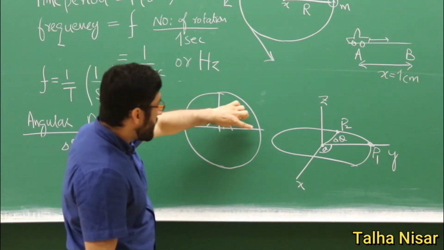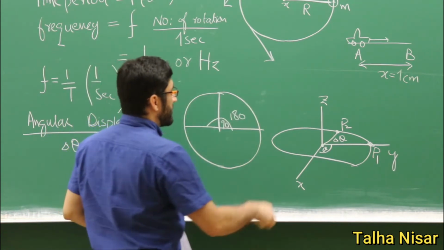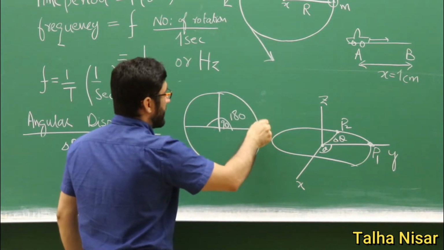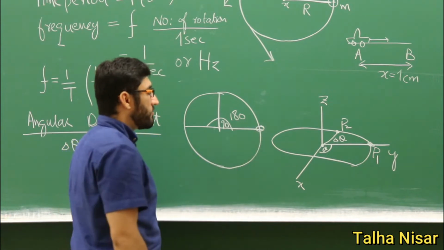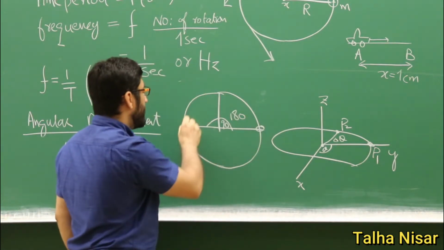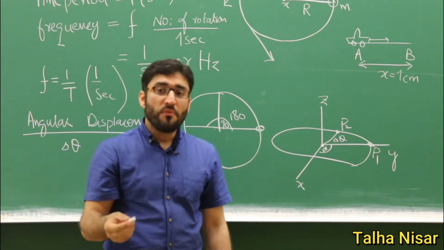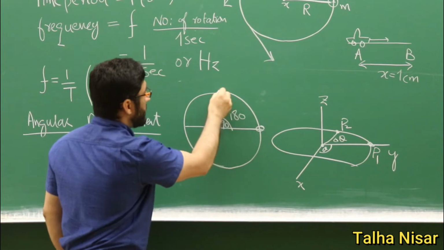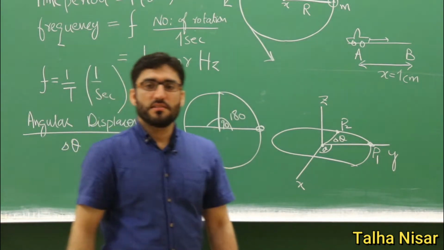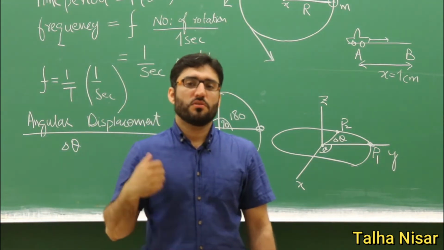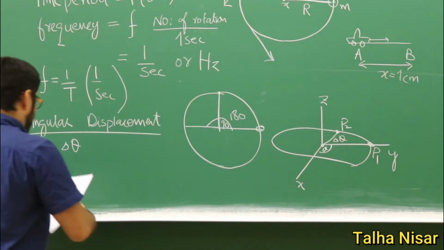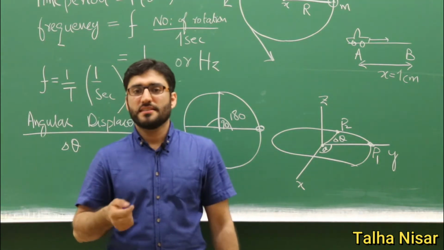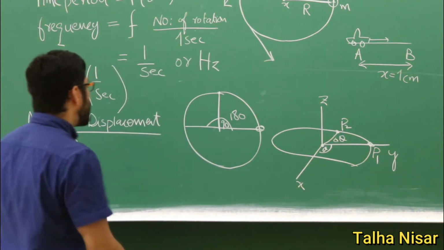Revolution means that, for example, an object starts its motion from here, and when it completes one rotation, we can say that 360 degrees is equal to one rotation, 180 degrees is half a rotation, and if the object moves from here to here, it is one quarter of the complete rotation. But the standard unit that is used is the radian. That's the SI unit.